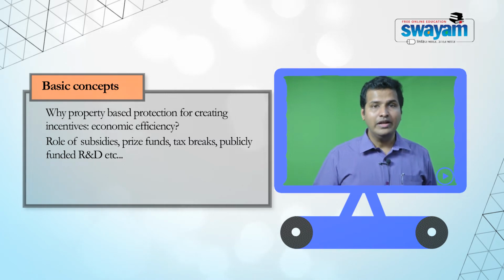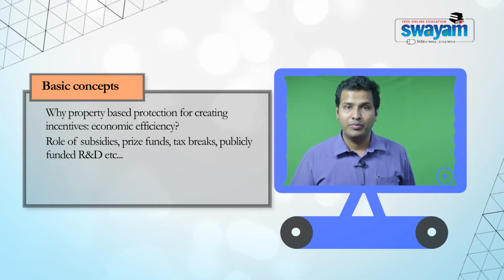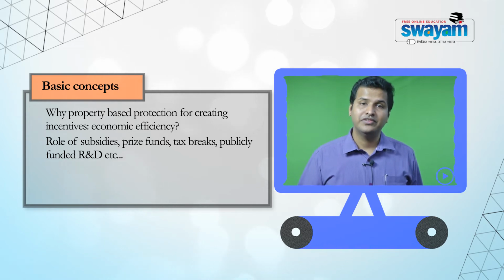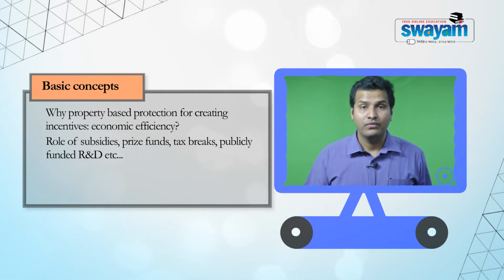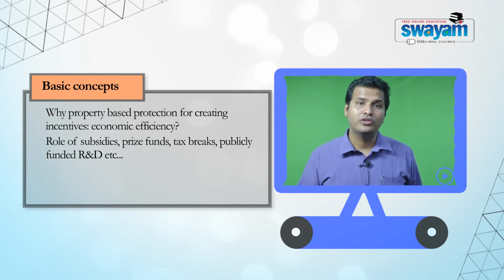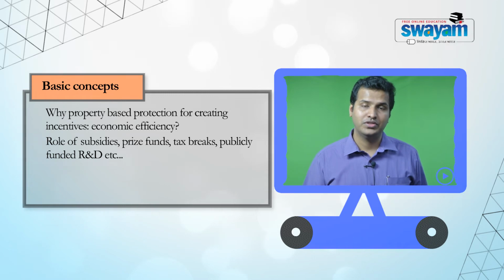Now primarily the role of property rights becomes central to governing innovation and creativity due to its perceived economic efficiency, vis-a-vis all these other alternative systems that may incentivize creativity and innovation.